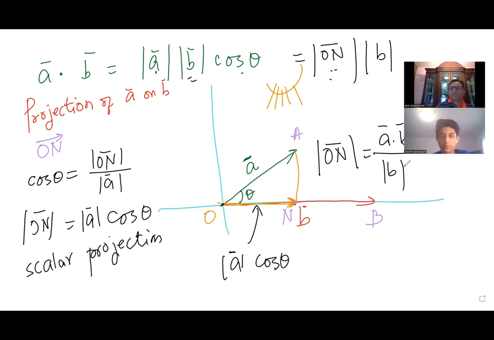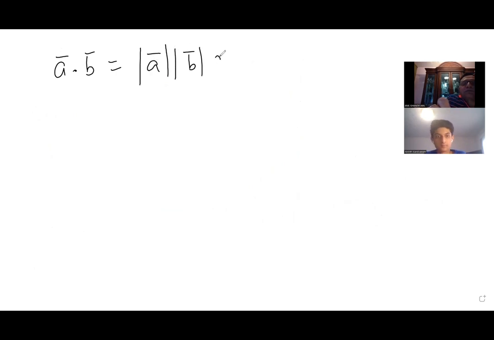And so this is the general formula, right? You can have scalar projection of any vector on any other vector, and you can easily calculate using this particular formula. And we know how to derive it, correct? I'll clear this just to remind you what we did just now. We learned that the dot product is a scalar quantity which could be written as the product of their magnitudes times cosine of theta between them.